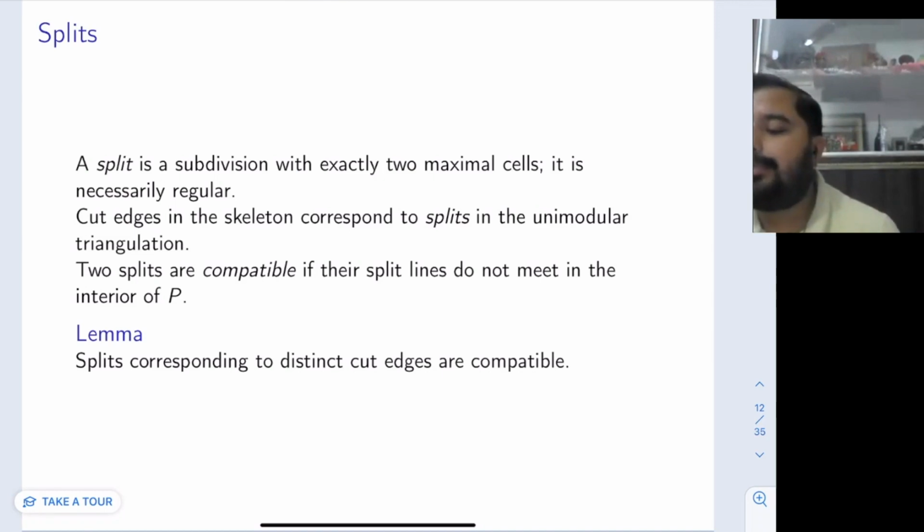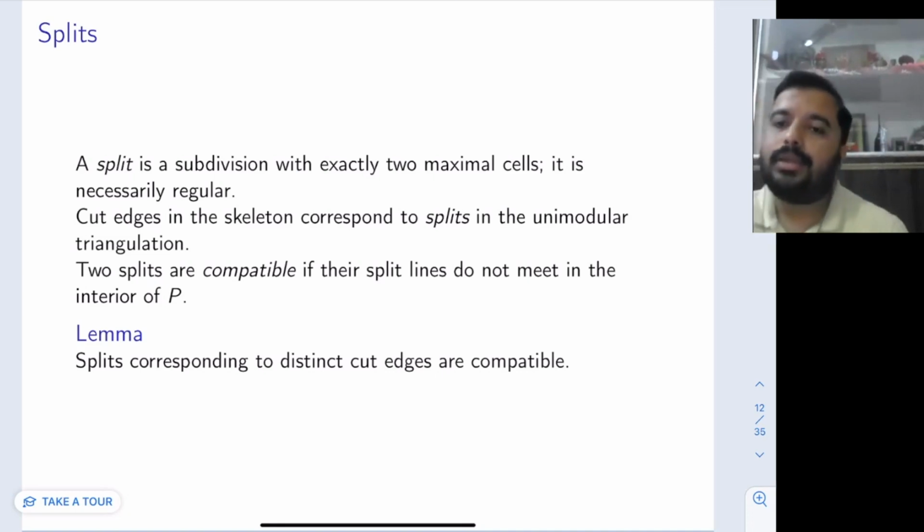And two splits are compatible if their split lines, so essentially, since we are in the planar case, you can consider the hyperplane along the edge of the subdivision, and that is your split hyperplane, do not meet in the interior of your lattice polygon. Then two such splits are said to be compatible. And it turns out in our case, the splits corresponding to distinct cut edges are always compatible.